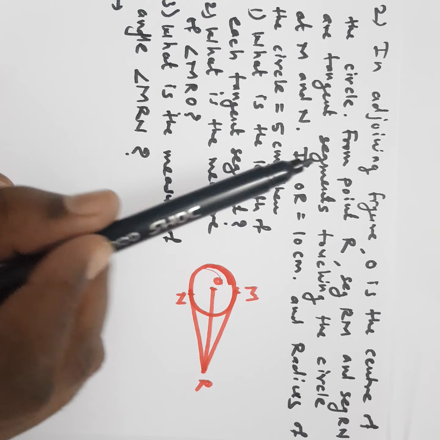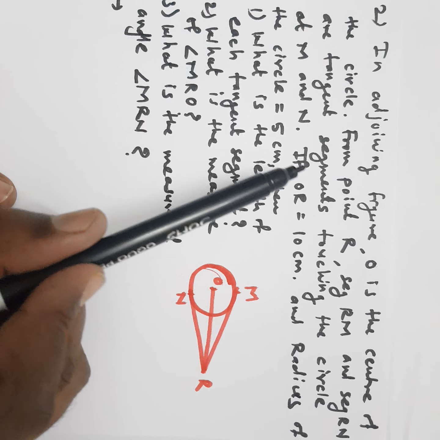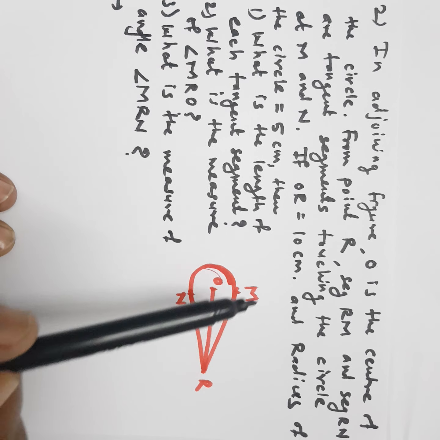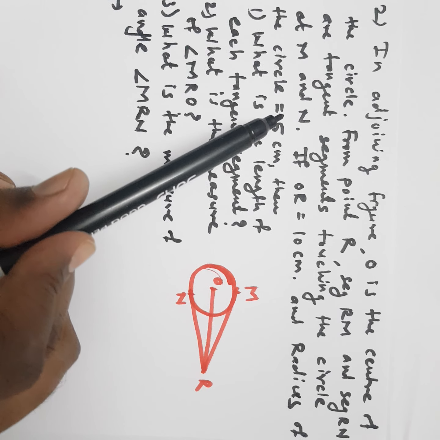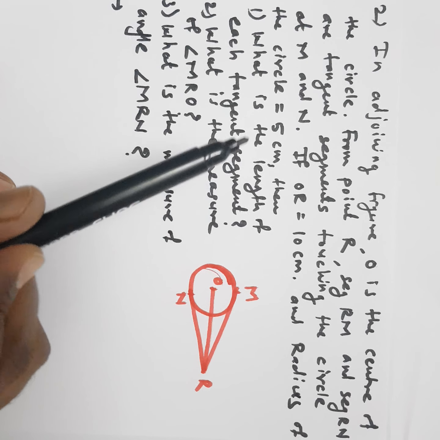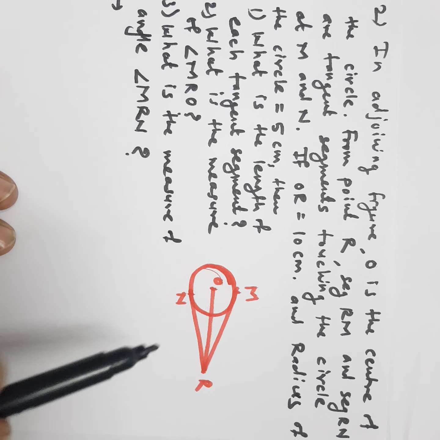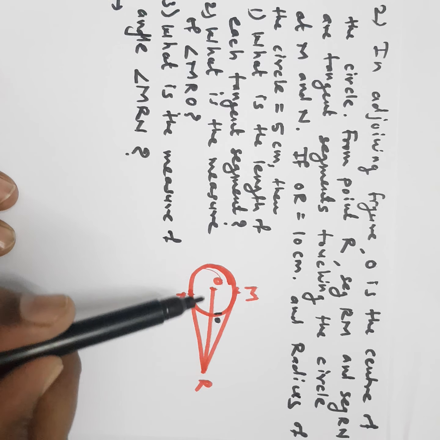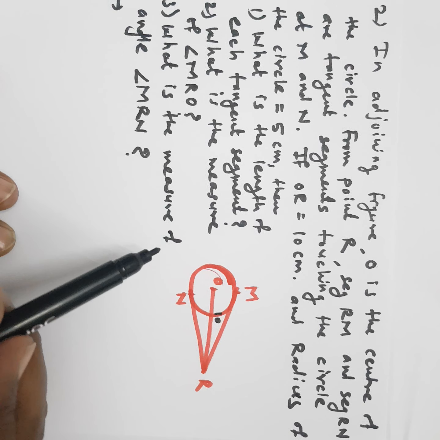See the second example. In the adjoining figure, O is the center of the circle. From point R in the exterior of the circle, segments RM and RN are tangent segments touching the circle at M and N. If OR is equal to 10 cm, the distance of point R from the center is 10 cm and the radius of the circle is 5 cm.